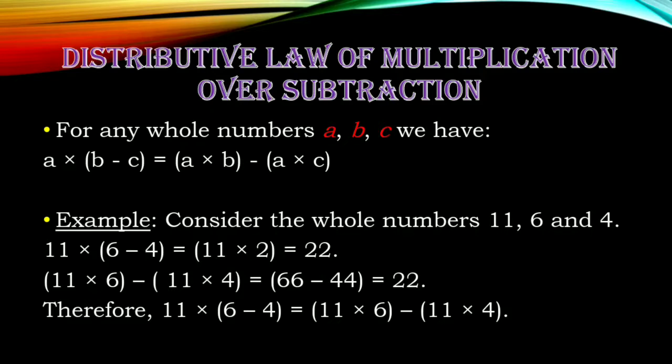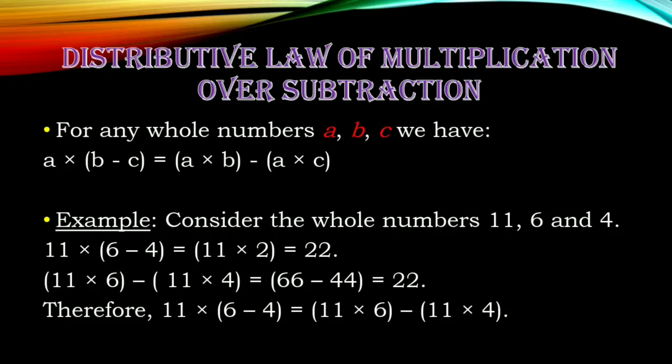Let us take an example. Consider the whole numbers 11, 6 and 4. If 4 is subtracted from 6, the difference is 2, which is a whole number. And when 2 is multiplied by 11, the product comes out to be 22. 22 is also a whole number.